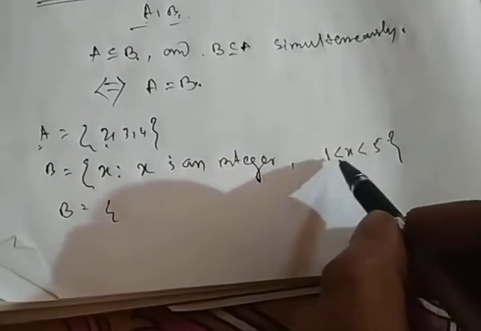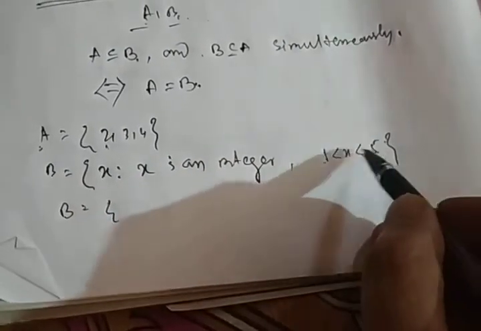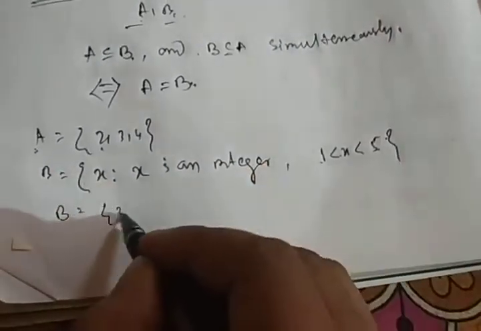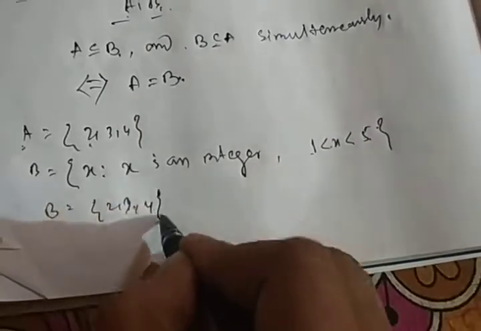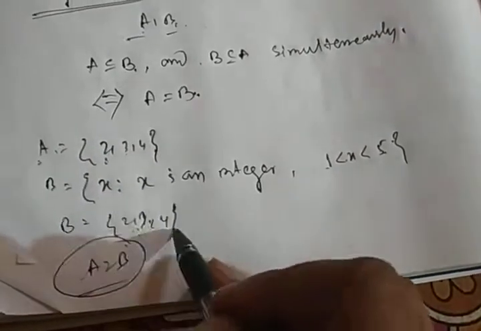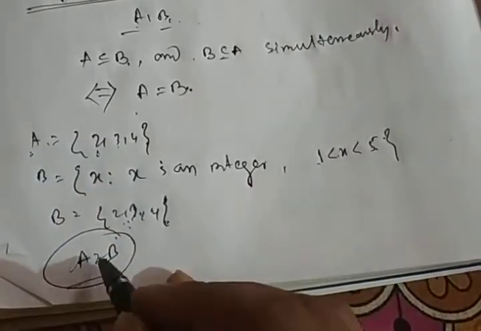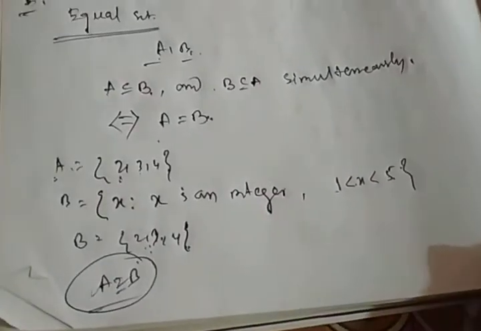If we write it in roster form, we get all integers between 1 and 5, not including 1 and 5, which is 2, 3, 4. So A equals B. We see that every element of A belongs to B, and every element of B belongs to A. So A equals B.